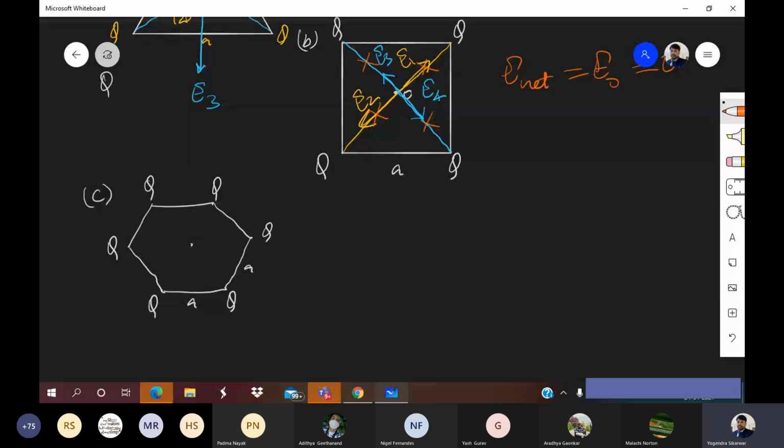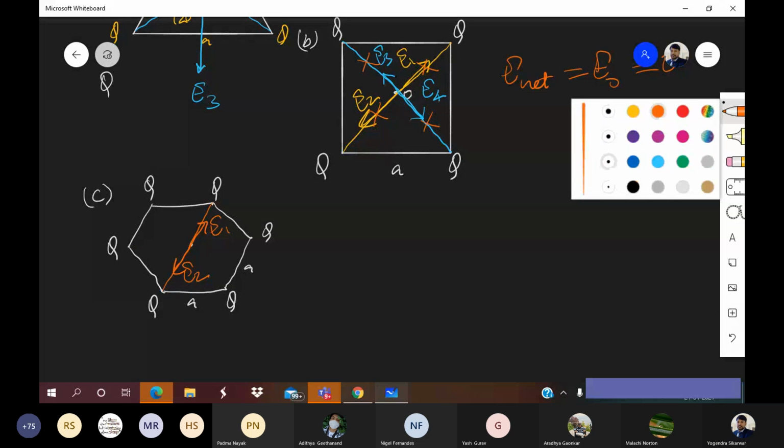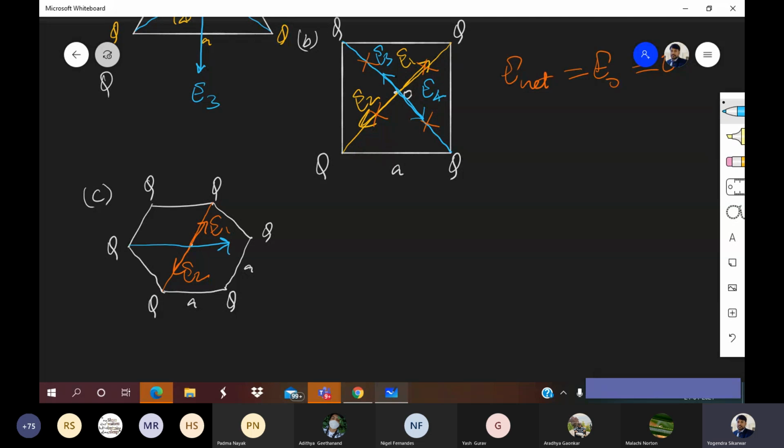Similarly, in C part, this is E1, this is E2. Are these two equal and opposite? Yes, sir. This is, let me use a different color. This is E4. Are these two equal and opposite?